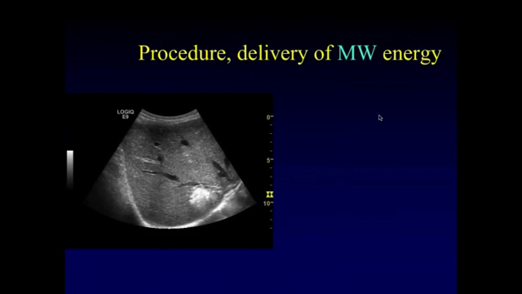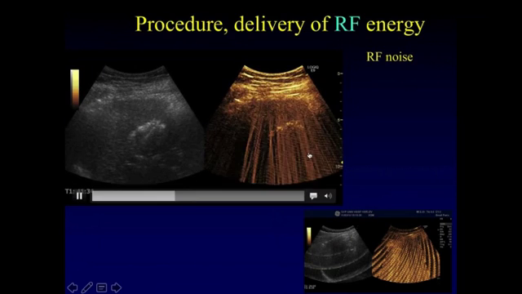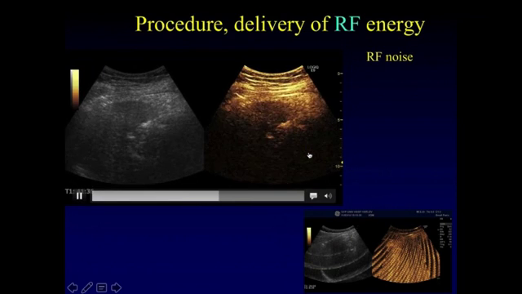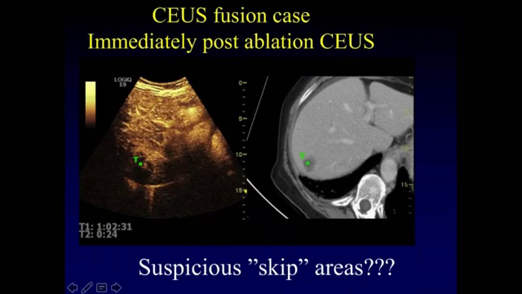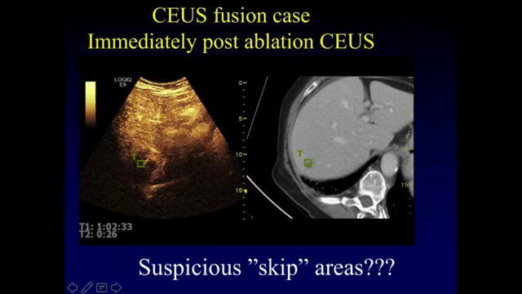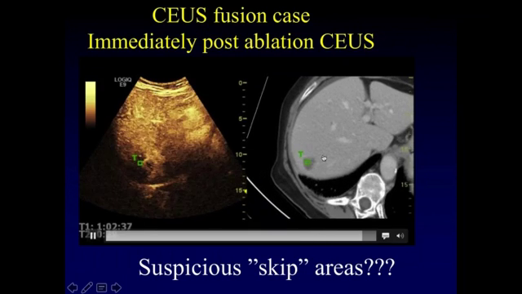During that, you have not much use of the CEUS, because if you use RF, you will have a lot of noise. What you are actually more interested in is just immediately after you have completed your ablation. In this case, we are doing a CEUS fusion case. So you have the fused CT here.